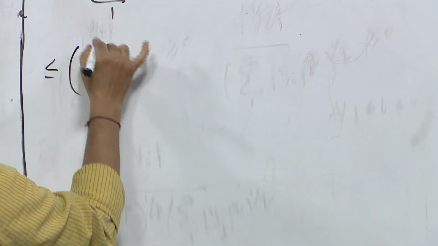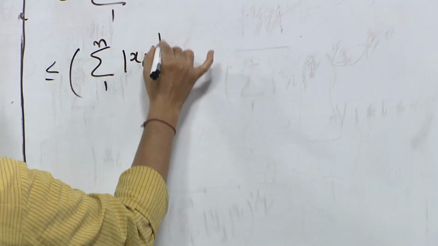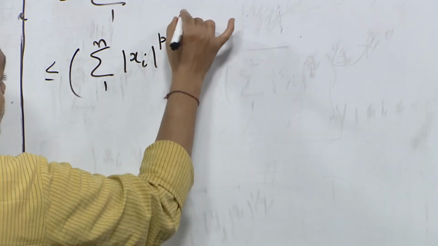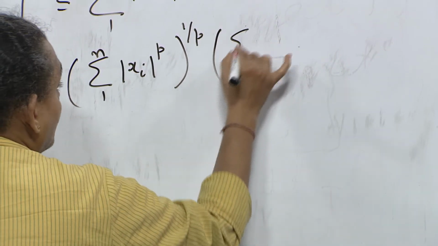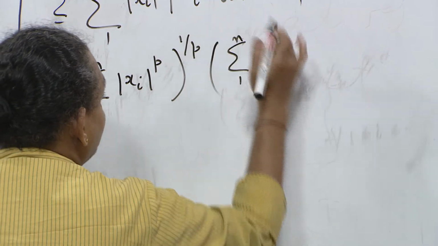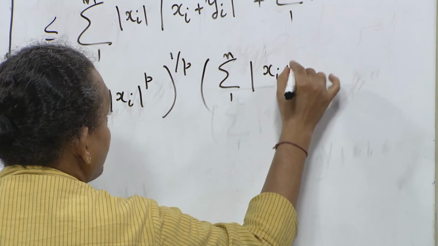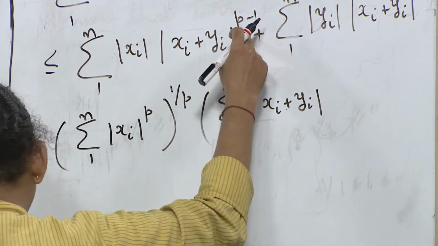summation 1 to n mod xi raised to the power p whole raised to the power 1 by p times summation 1 to n, the other one is xi plus yi raised to the power p minus 1.